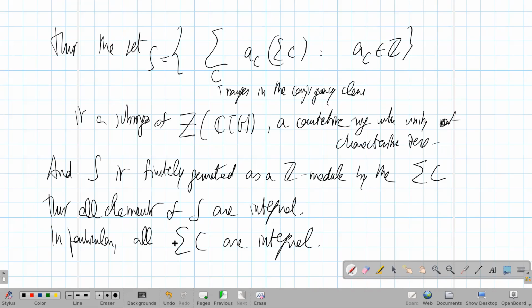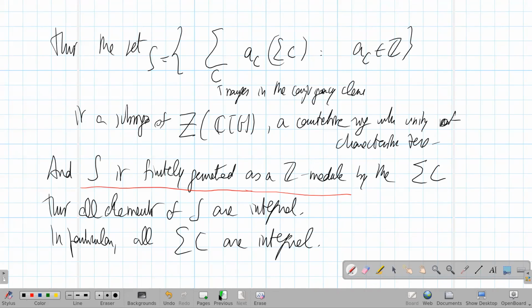We just know that there is such a polynomial, because we are going indirectly through this important fact that being finitely generated as a Z-module is enough to prove integrality.